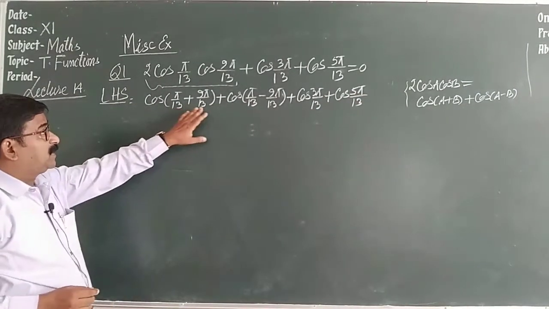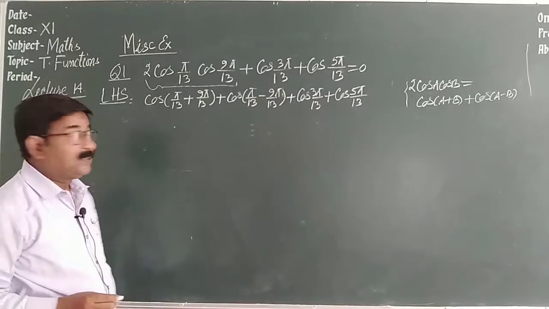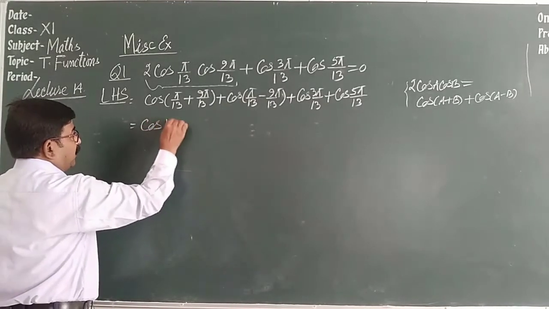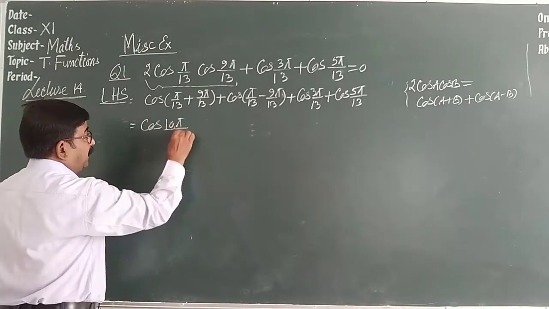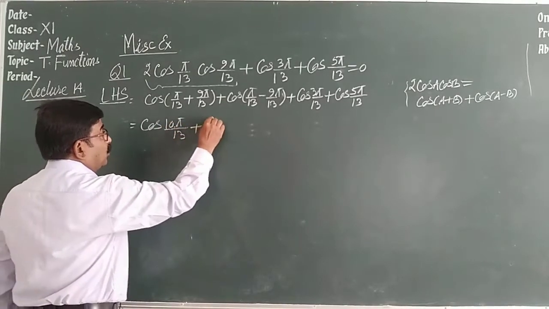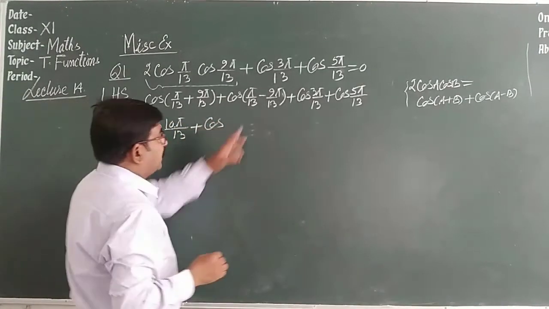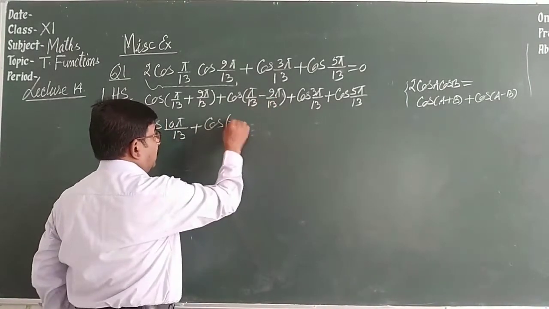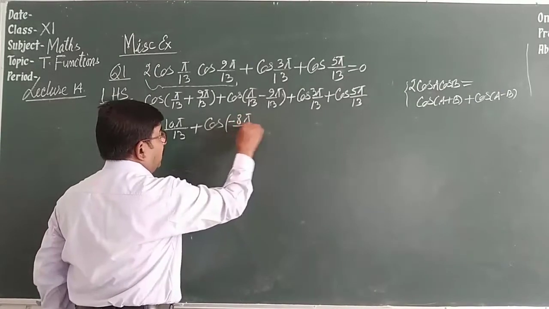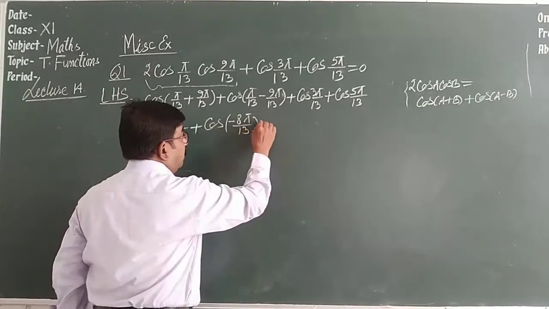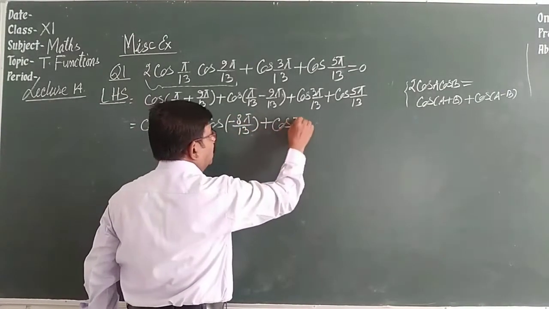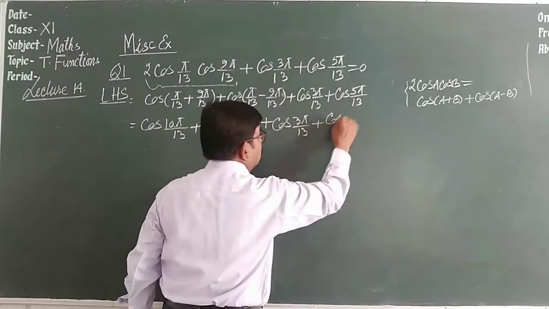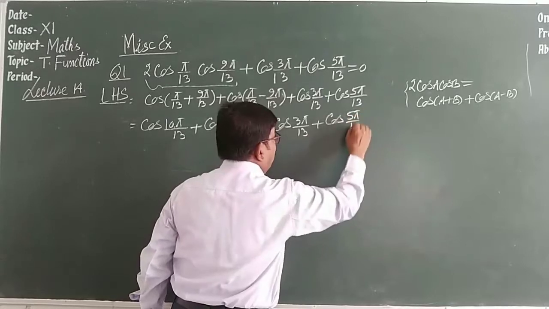Pi by 13 plus 9 pi by 13 is 10 pi by 13. So we have cos 10 pi by 13 plus cos of minus 8 pi by 13, plus cos 3 pi by 13 plus cos 5 pi by 13.